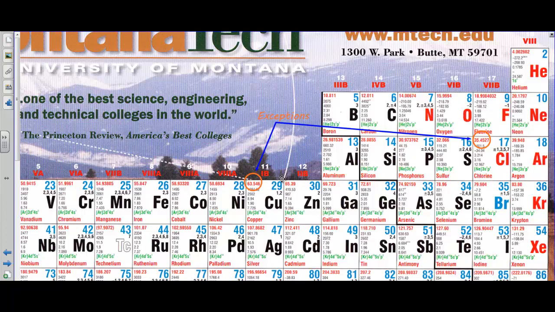For calculation purposes in this class, we're going to maintain a mass for copper of 63.5 AMUs. For chlorine, 35.4527 AMUs, we're simply going to round that to 35.5 AMUs. Those are two of the more common exceptions that we'll encounter when it comes to this rounding process.